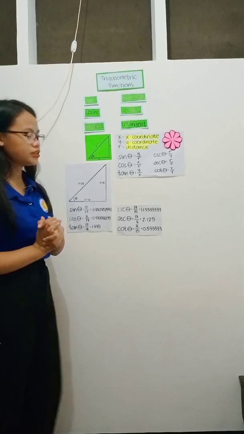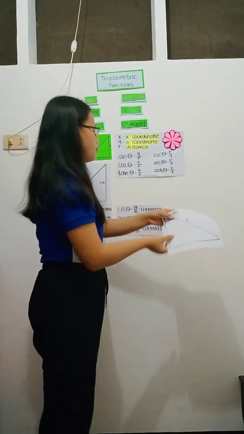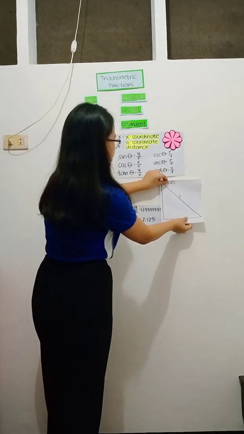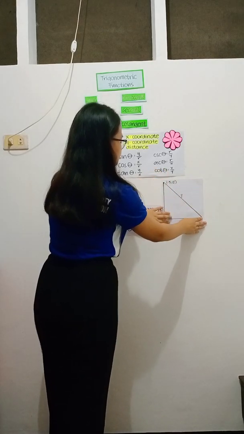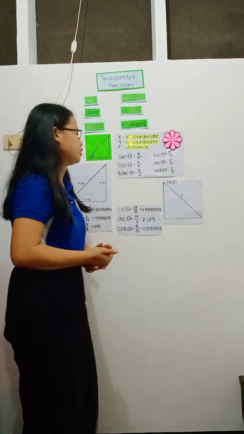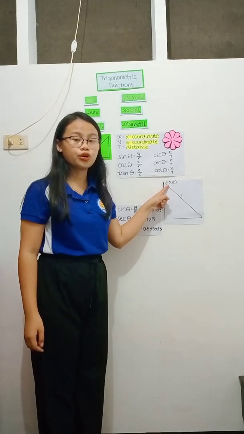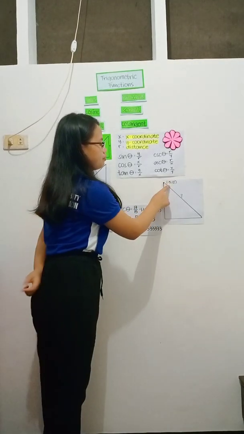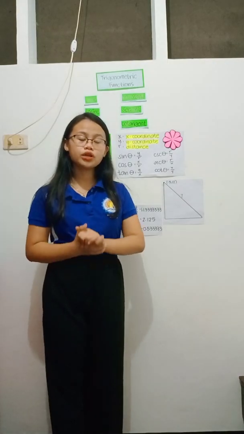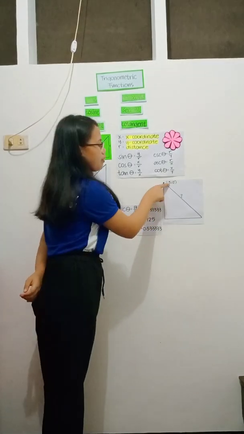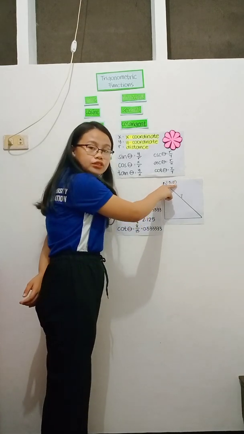Another example. Take a look. The given is only coordinates, negative 5 and 12. And we all know that in coordinates, this is the value of x and this is the value of y.